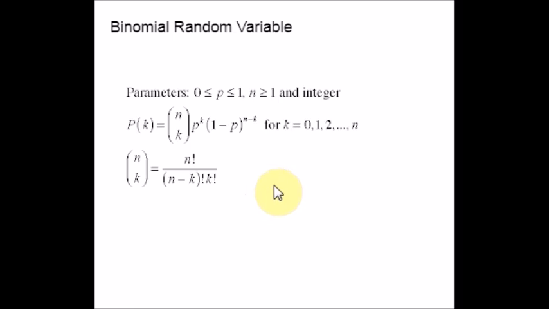For a variable to be a binomial random variable, all of the conditions must be met. Let me list out the conditions one by one. First condition: there are a fixed number of trials. A fixed sample space should be there. The second condition: on each trial, the event of interest either occurs or does not.